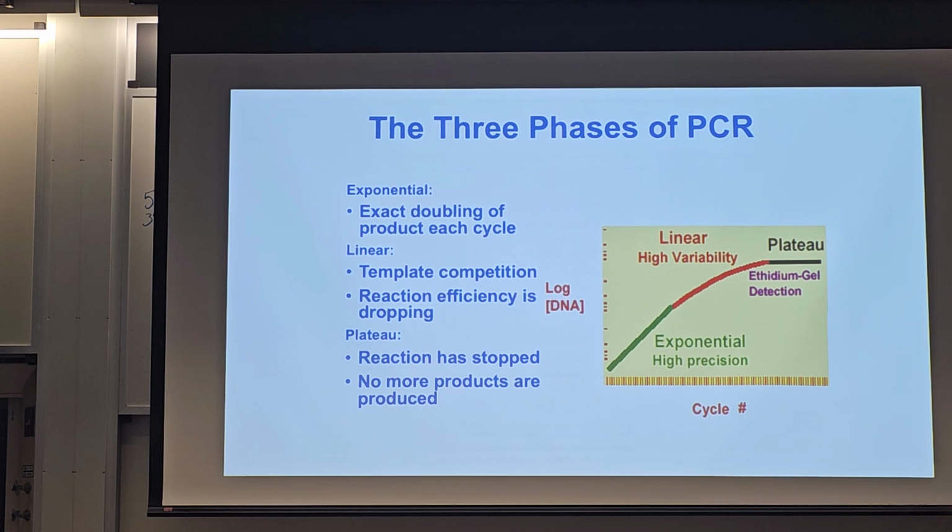But now you've got so much product that the products want to hybridize together. And so your products hybridizing back together start out-competing primers. And the product out-competing primers is why you start getting less and less efficient, right? And the farther you go, the worse it gets because you're getting more and more product. And finally, when you get out to the plateau phase, the product is winning all the time. The primers just don't get a chance to get in there to make more copies.